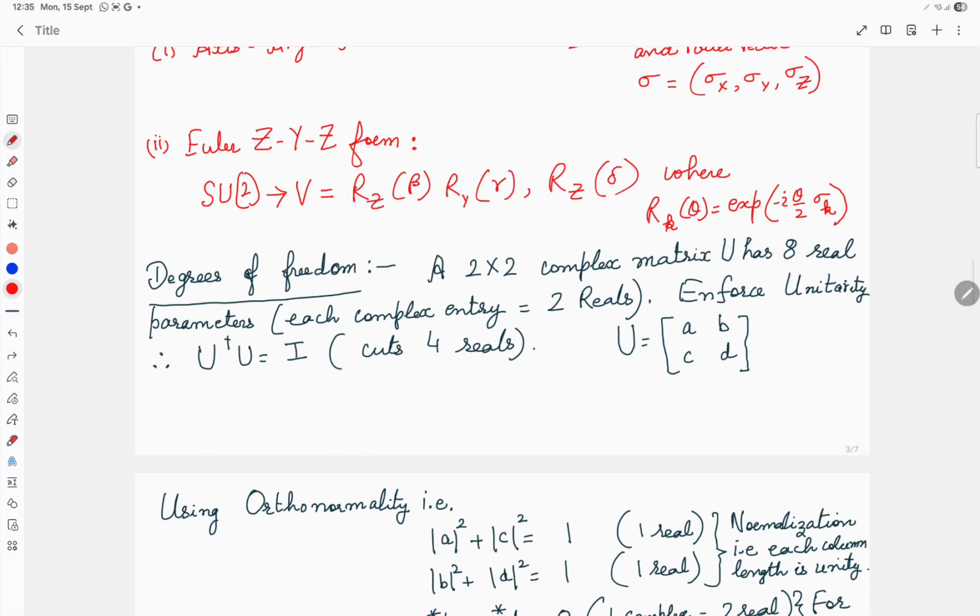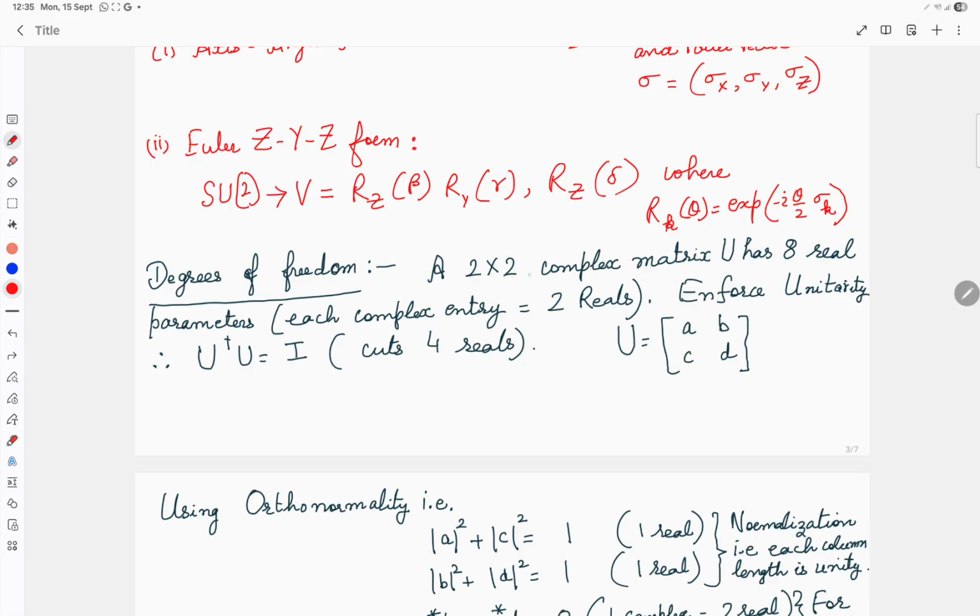Now we need to discuss the degrees of freedom. Since we are discussing 2 by 2 matrices, let us start from a general 2 by 2 complex matrix. Complex matrix means all the elements of the matrix are complex entries. So there are 4 complex numbers which are the elements of this matrix.